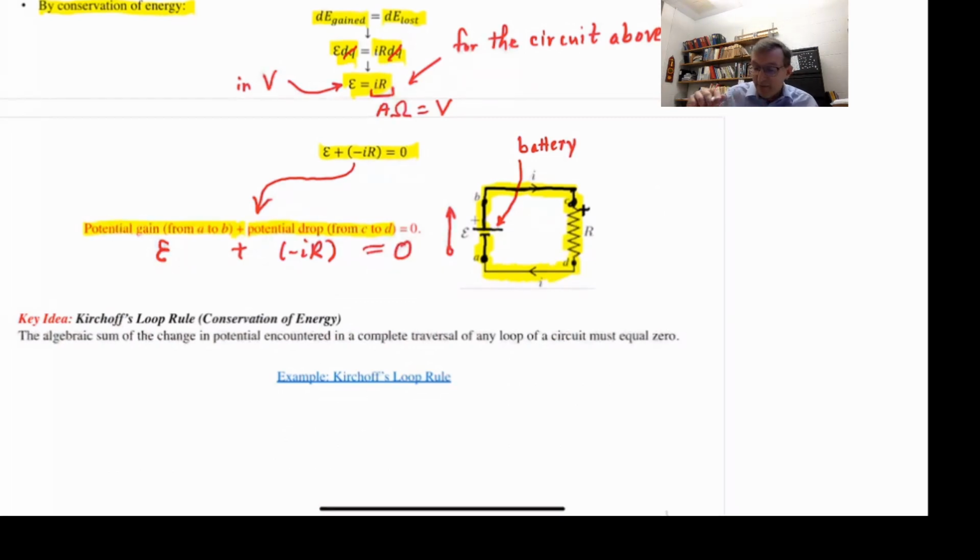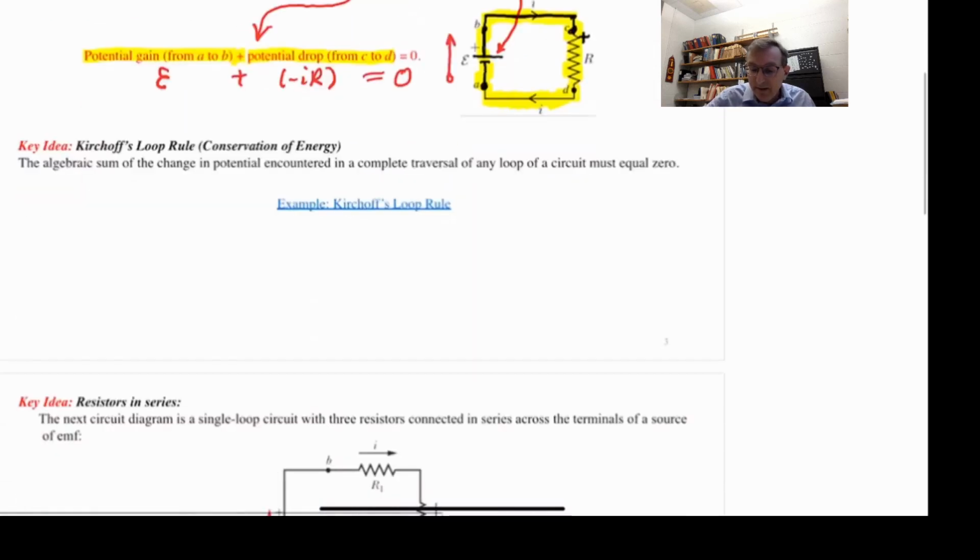So what we've drawn from this simple little circuit is a kind of big picture important point. Important enough in the methods of circuit analysis that it's got a name, named after a person, but it's really just conservation of energy. We ought to call it the conservation of energy rule as applied to circuits.